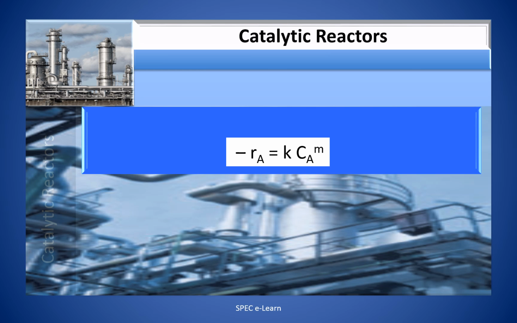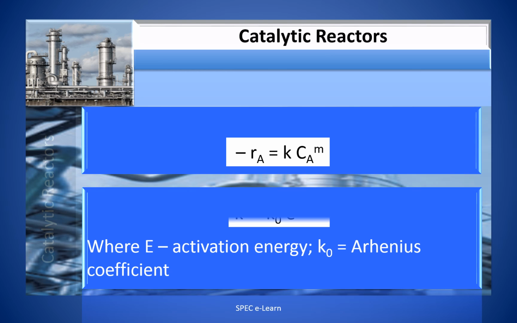The expression for the rate constant k is k0 times e to the power minus E by RT, where k0 is the Arrhenius coefficient and E is the activation energy.